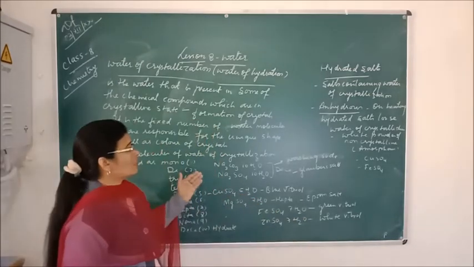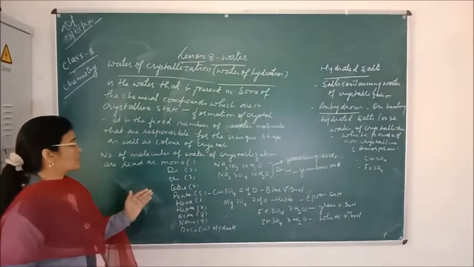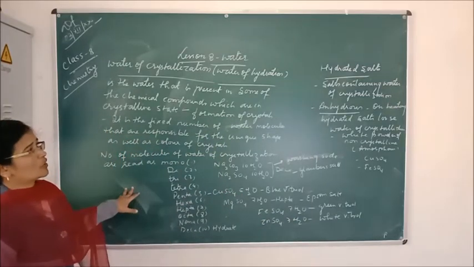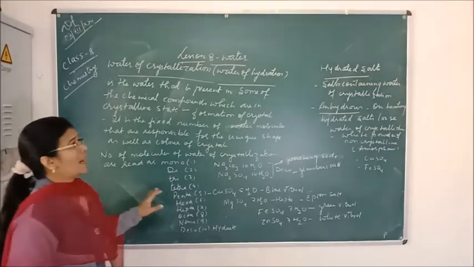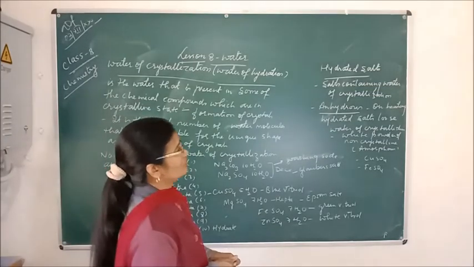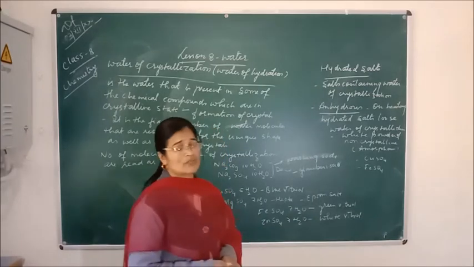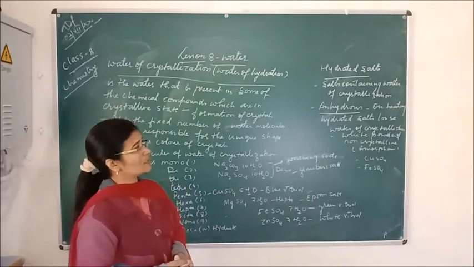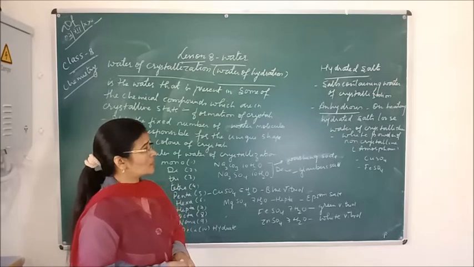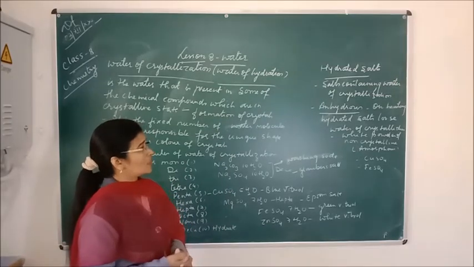So these are the names of some of the chemical compounds which show the water of crystallization. And these salts containing the water of crystallization are called hydrated salts, because they have water of crystallization.